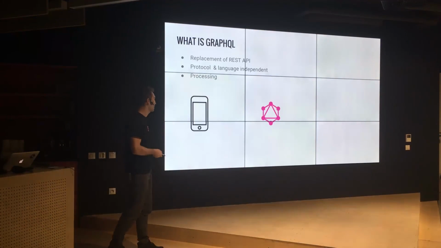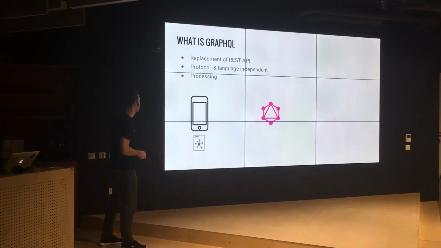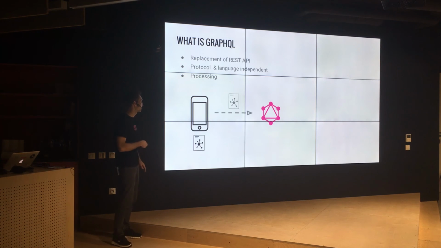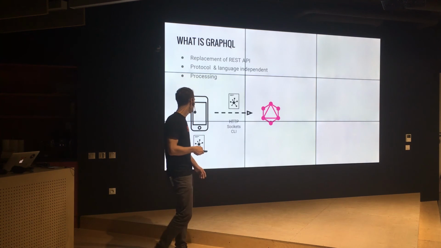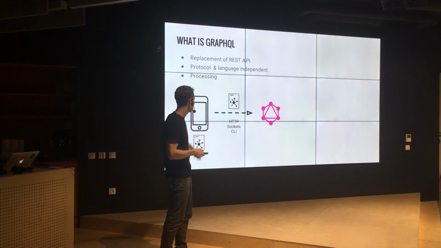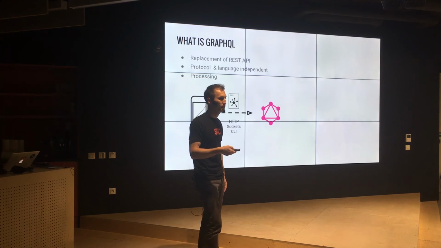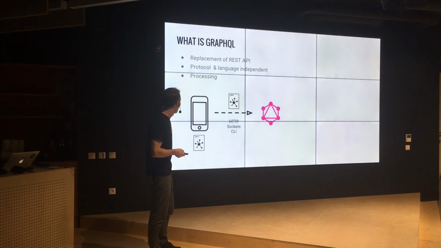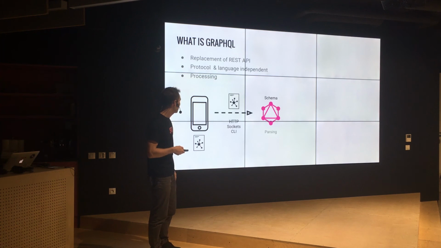So imagine that you have a client and you have a GraphQL server. First, you create a GraphQL document and you send it to the server. As I told you, it can be HTTP or sockets. You can even execute your GraphQL queries in a command line interface. It's totally doable. On the server, there is a schema.